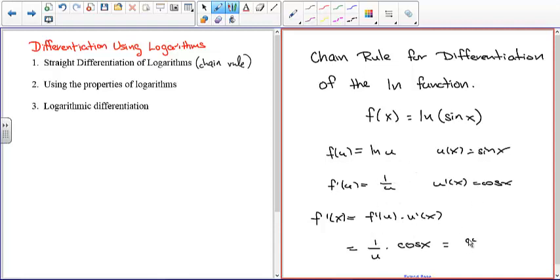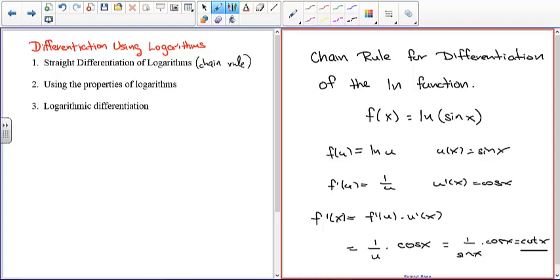Well, let me not get ahead of myself here. So you'd have 1 over the sine of x times the cosine of x, which is the cotangent of x. So that's another example of using the chain rule.